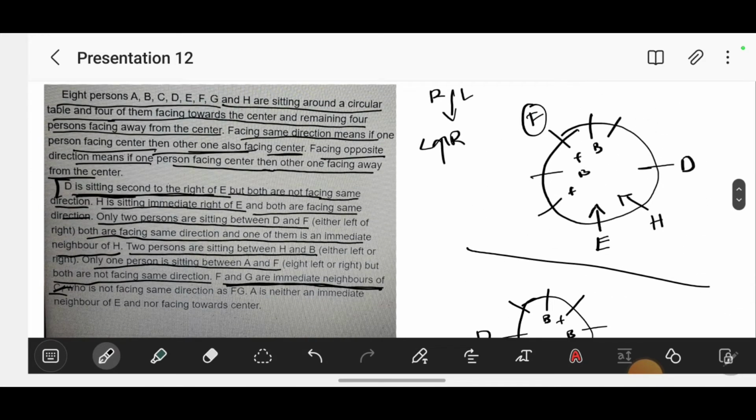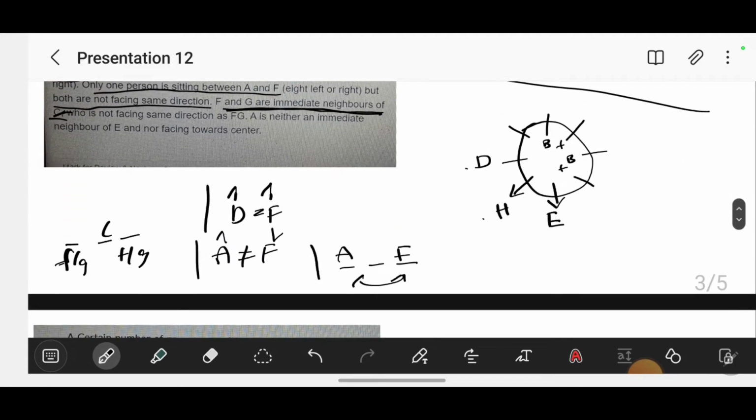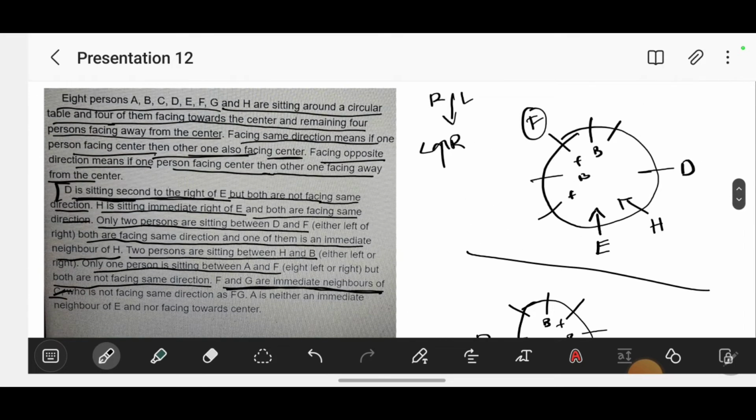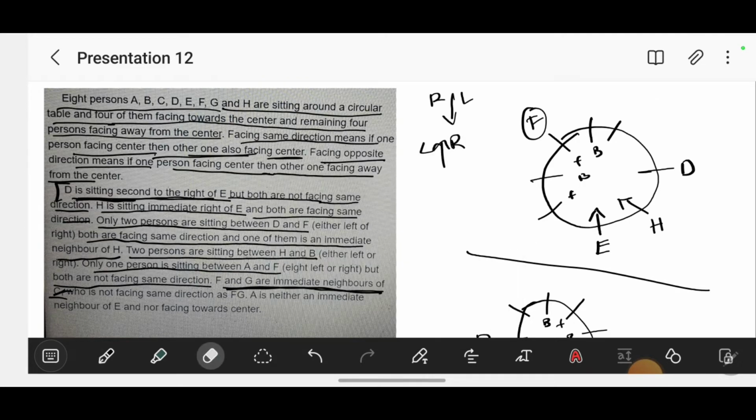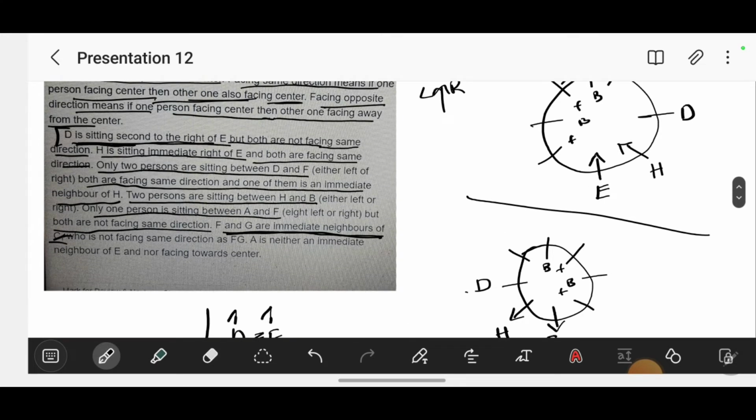If F is here, we also had one thing, that is between A and F there is only one person. So if F is here, then A should be here or A should be here. Then if A is here, we will wait for the next step, then we will finalize this.